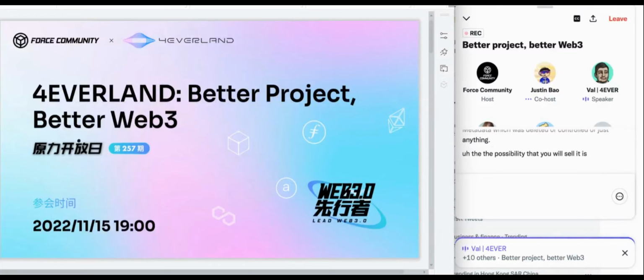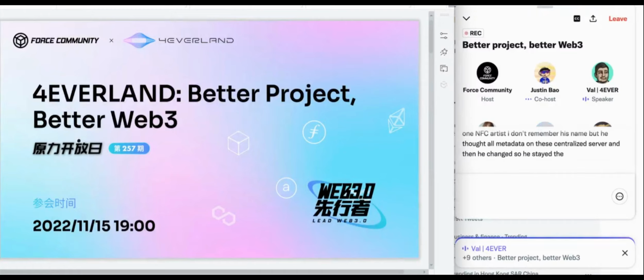the possibility that you will sell it is pretty low. There was a really cool case with one NFT artist. I don't remember his name, but he stored all the metadata on a centralized server, so he stayed the person who still had control of this old metadata. Once he decided to have some fun with that, he changed all the NFTs into images of carpets.